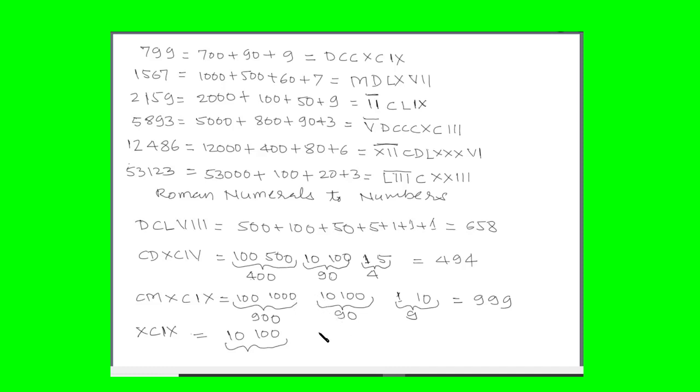Then I is 1, X is 10. So again 1 is subtracted from 10. So what we get, 100 minus 10 is 90. And 10 minus 1 is 9. This gives us 90 plus 9 is 99.